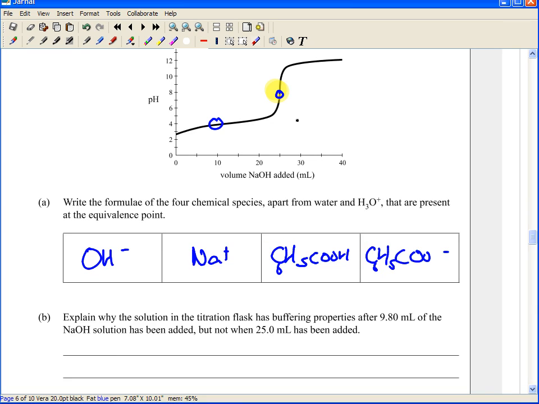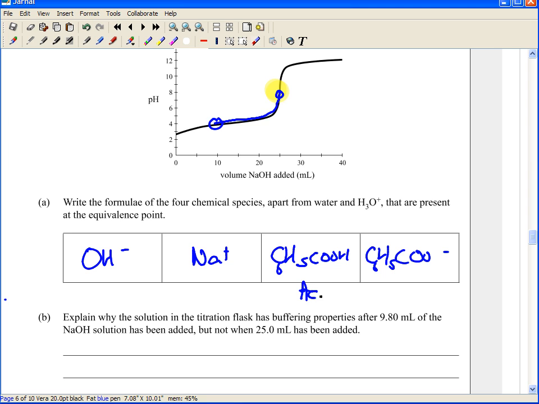Okay, so why does it have buffering properties through this area from there up to there? Okay, buffers. First of all, let's talk about buffers. What is a buffer? A buffer is a solution that contains a certain amount of the weak acid and its conjugate base.